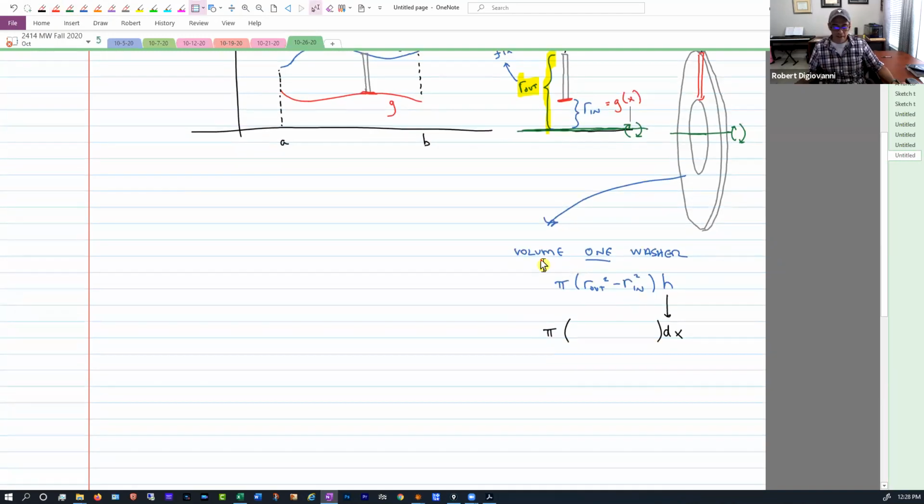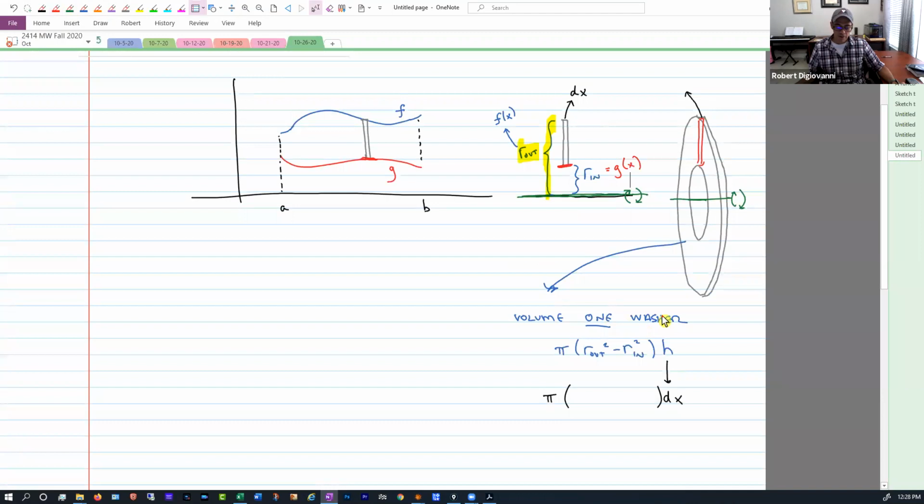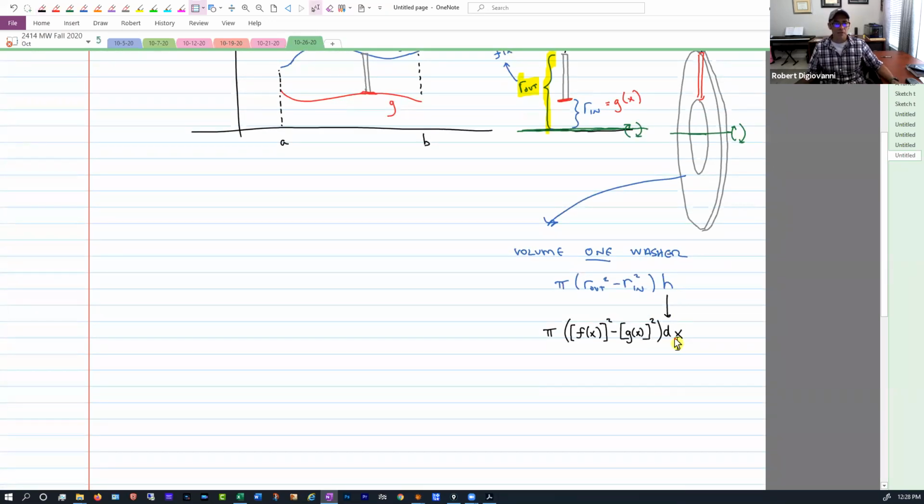So that means that the volume of one washer should be pi times the outer function, which is the f function, squared, minus the inner radius, which is the g function, squared, and then dx.